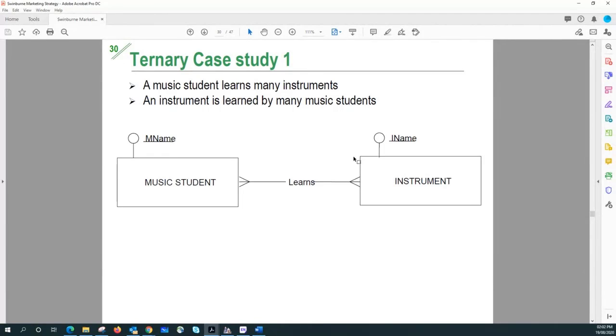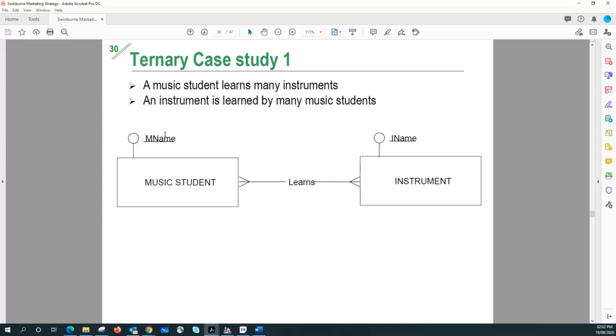It says the music student can learn to play many instruments, and one instrument can be learned by many music students. So we have two entities with a many-to-many relationship between them, music student and instrument.